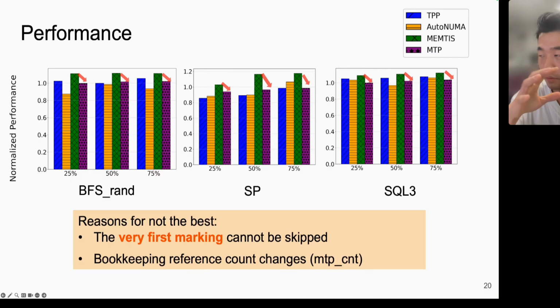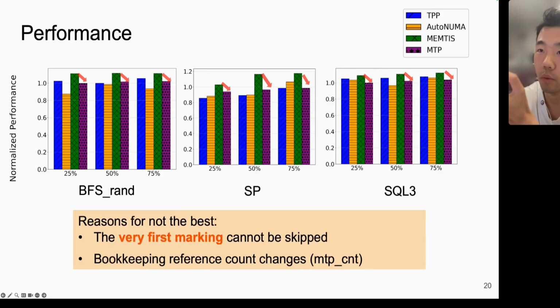No. So in a breakdown of your time, the GC might be the same in all of TPP, Autonuma, Memtis, and MTP. But what changes is, let's say, the application thread time. Is it this part? No. So you're talking about these slides, right?